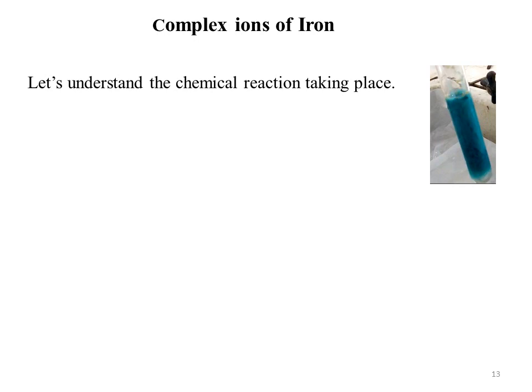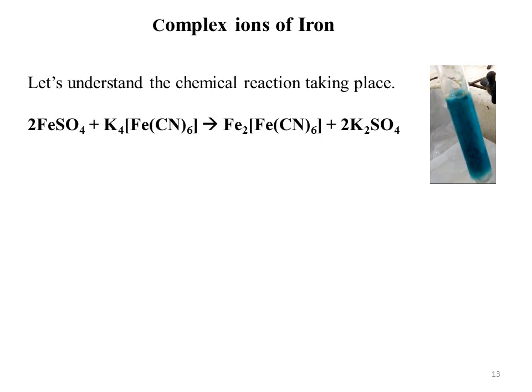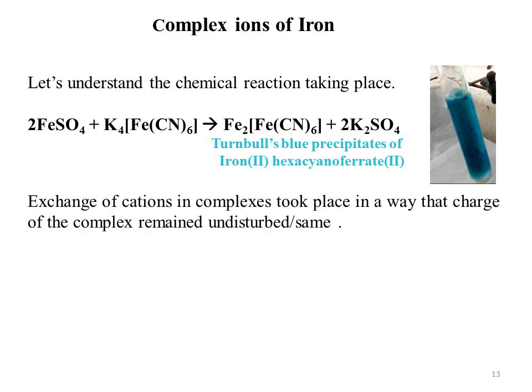Let's understand the chemical reaction taking place. Ferrous sulfate, when reacted with potassium ferrocyanide, gives the Turnbull's blue precipitate of iron 2 hexacyanoferrate 2. Exchange of cation in complexes took place.